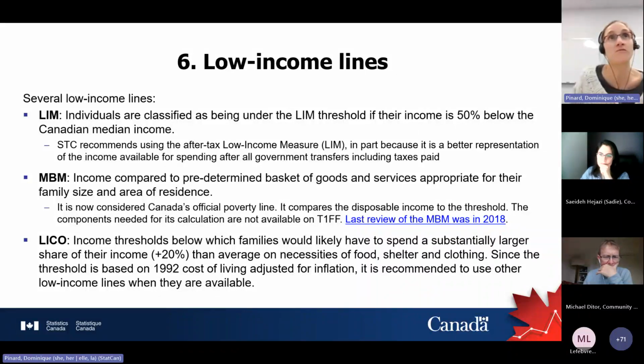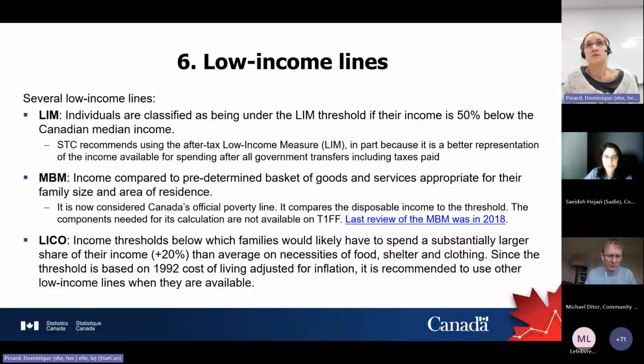The second low income measure I mentioned is the poverty rate, which is based on a basket of goods. That basket is built based on your family size and your area of residence.